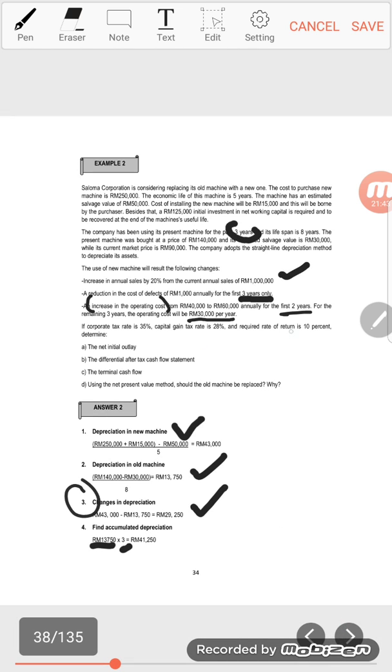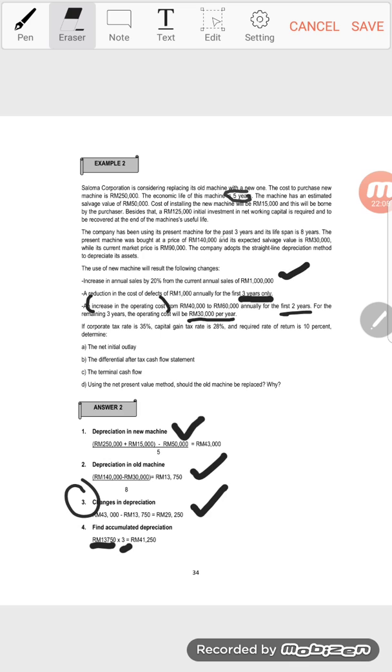Tengok dekat ni. Okey, berapa dia punya total useful life untuk new machine? Total useful life untuk new machine adalah 5 years. Betul tak? 5 years kan? Total useful life for old machine, kita tak guna total. Kita tengok remaining useful life.